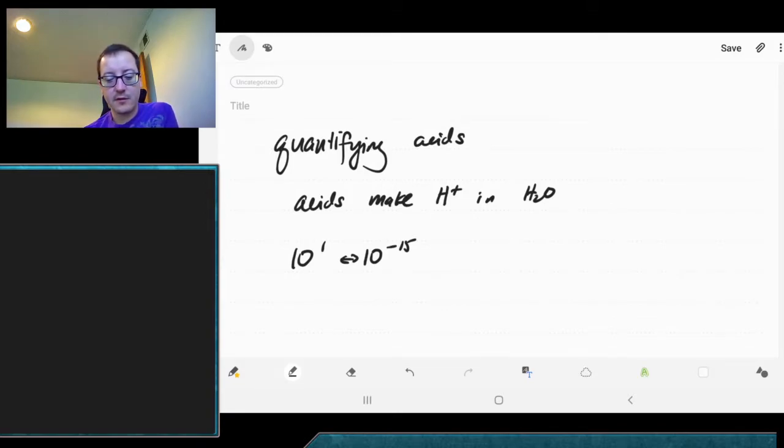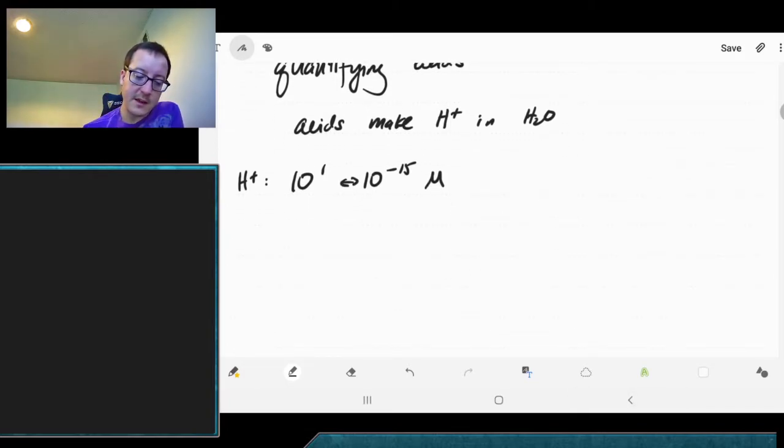And so it's kind of less useful to use these exponent terms. So what we often do is take the logarithm of these. H plus can go over these ranges in molar concentration, but by using logarithms, we can make the same numbers a little bit easier to understand and use.